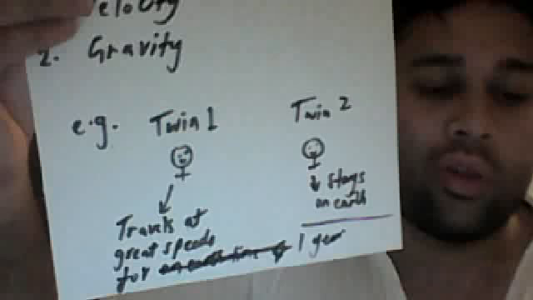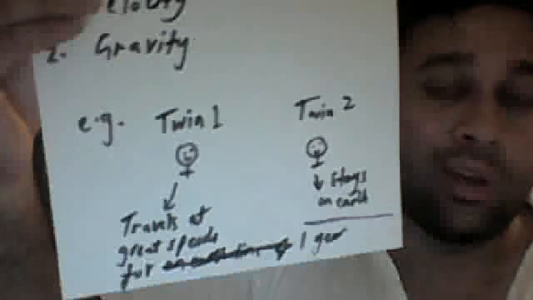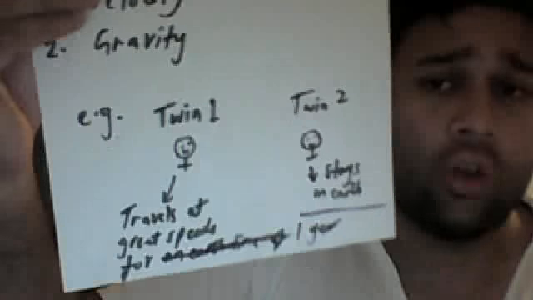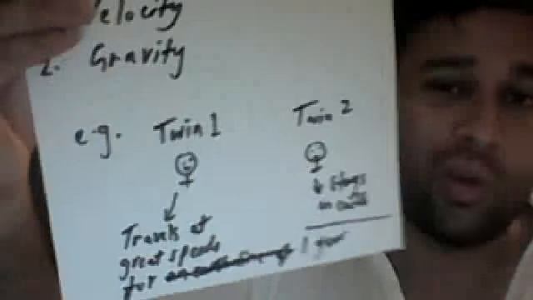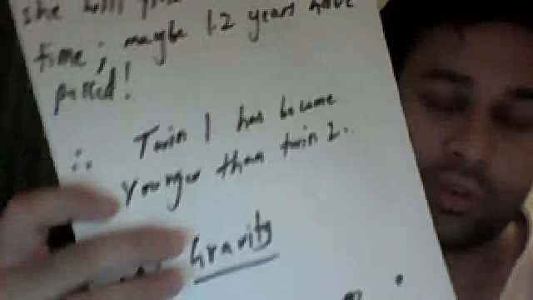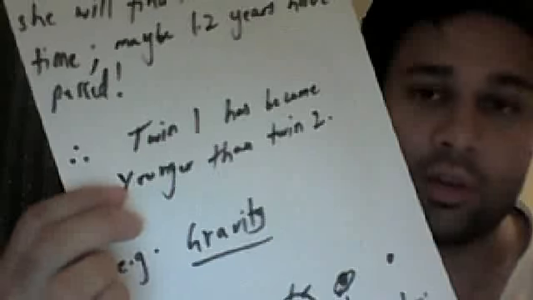When the spaceship clock shows that 1 year has passed, and twin 1 returns to Earth, he finds out that maybe 1.2 years of time has passed back on Earth. So twin 1 has become younger than twin 2. Time has passed slower for him than his twin, and therefore their biological ages are no longer the same. One twin has literally slowed down time.